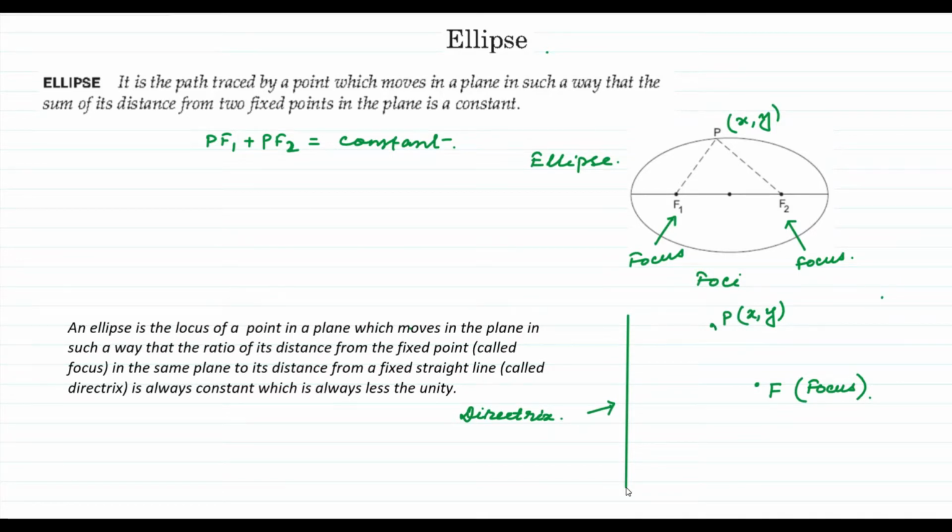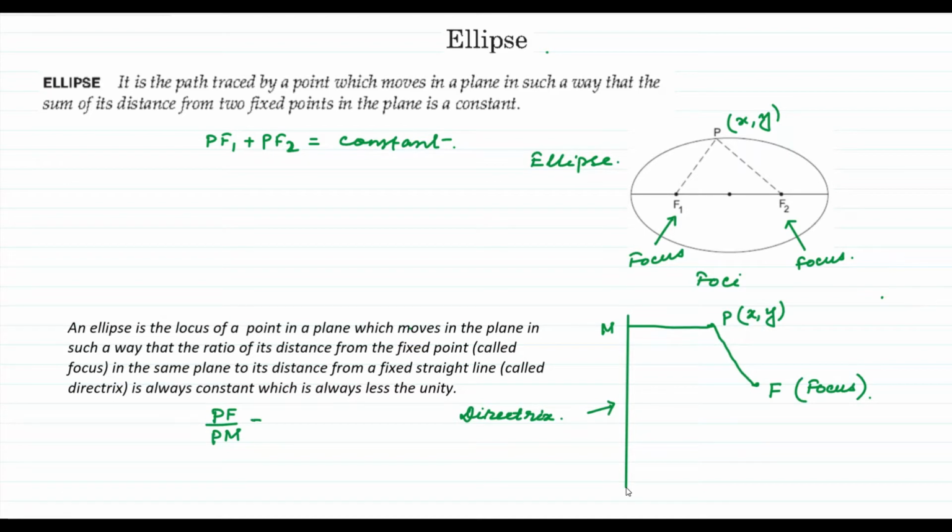Now the distance PF and the perpendicular distance from P to the fixed line, PM, the ratio is always less than 1. So we can write PF by PM.